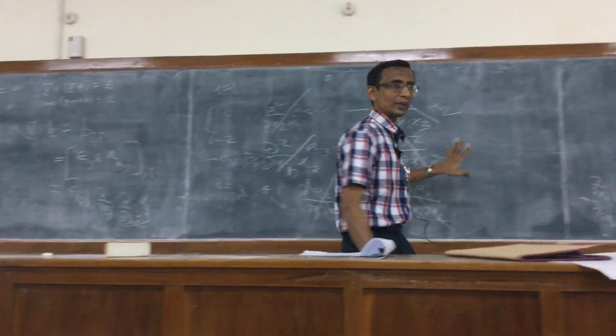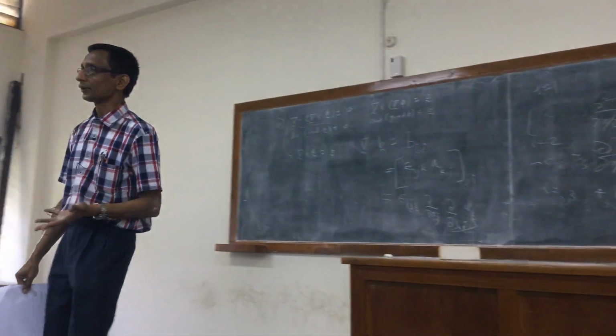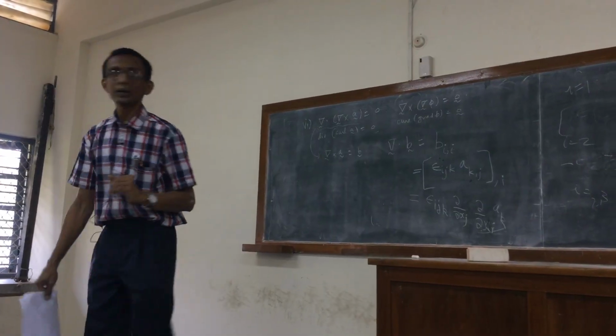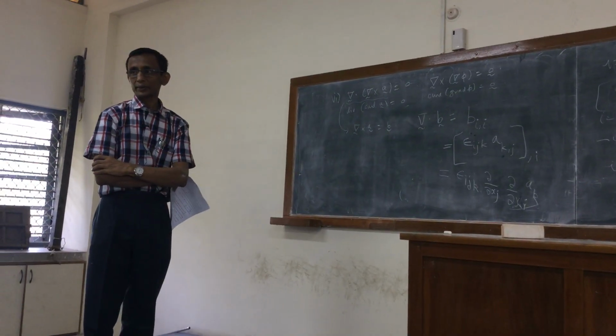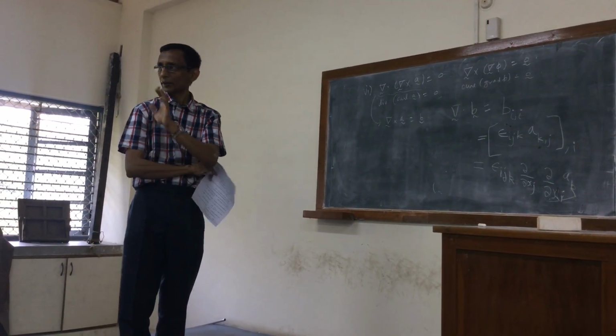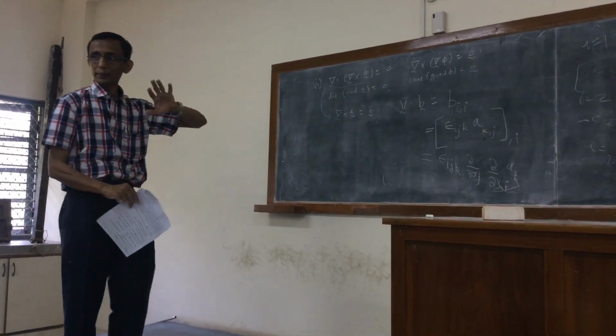We are doing the same thing. Here it is in the form of epsilon ijk. We are still writing the determinant only. But there it is easier to write because you all know how to calculate the determinant directly from the variables. That would also lead to the same answer.